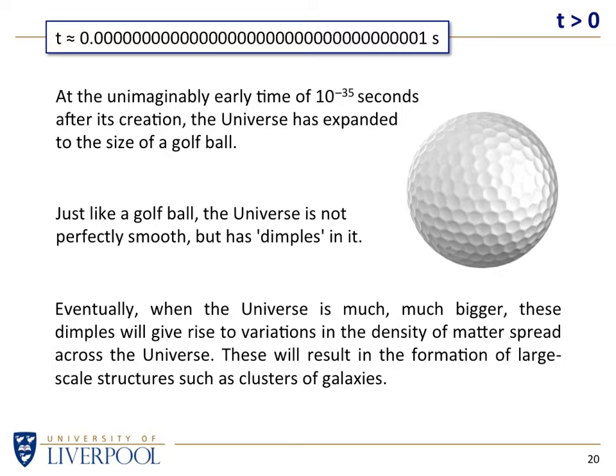If the universe was totally smooth, it would still be totally smooth. So because now we see galaxies over here and galaxies over there and a supercluster here and a void over there, there must have been some variation in the very early days to produce that. So those dimples, those variations in density of the very early universe, gave rise to the variations in density that we now call superclusters of galaxies or individual stars.